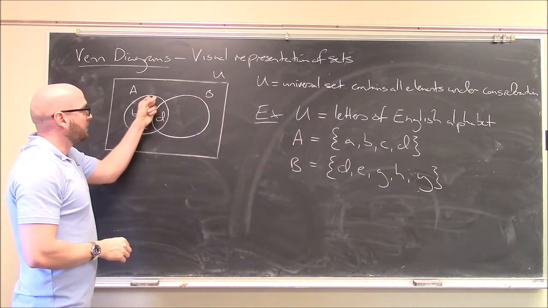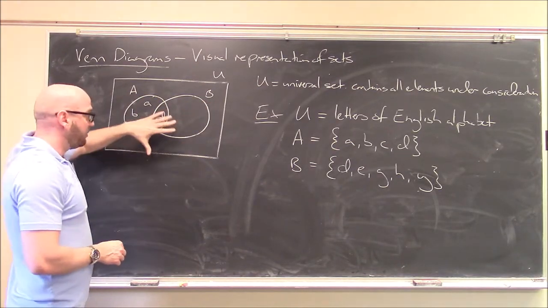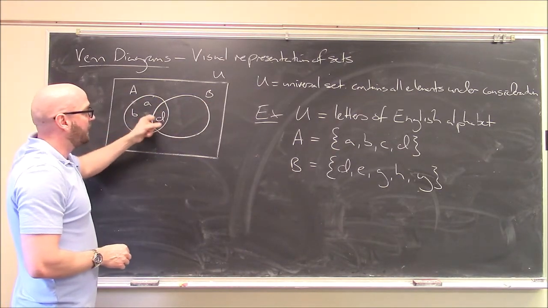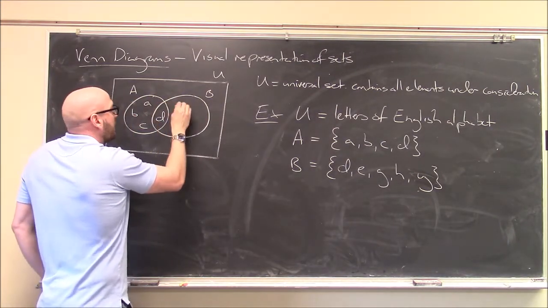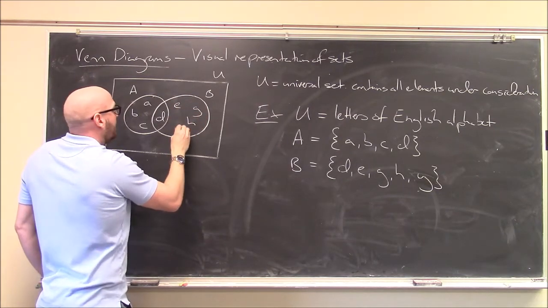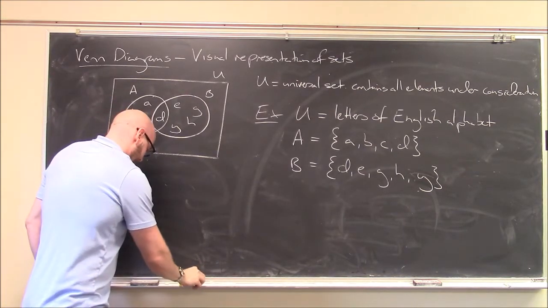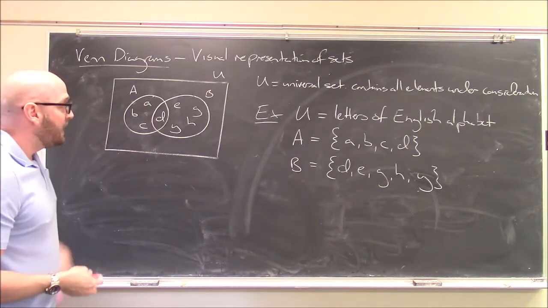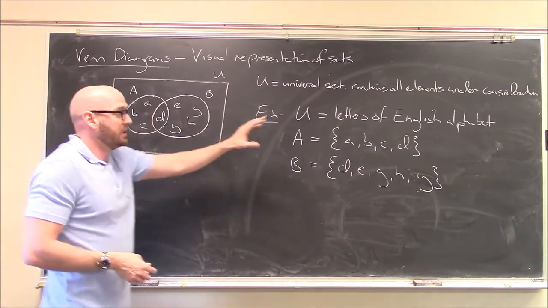So under this picture, D is in both circles, right? D is in the circle consisting of set A and the circle consisting of set B. So this is pictorially represented by the fact that it lies in both sets. And then I've got all the other elements in B that are not in A. I've got E, G, H, and Y. Okay, and then we've got all of the other letters that are not in A and B, but they're still in the universe.